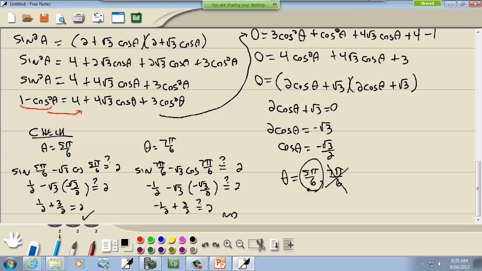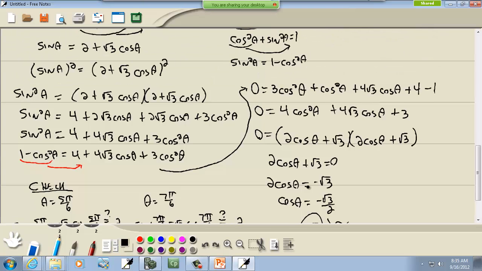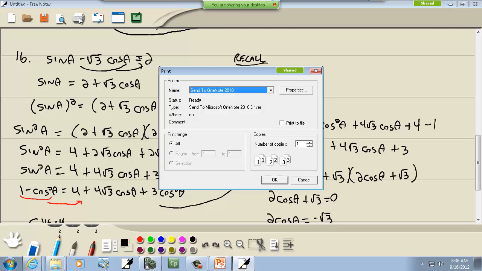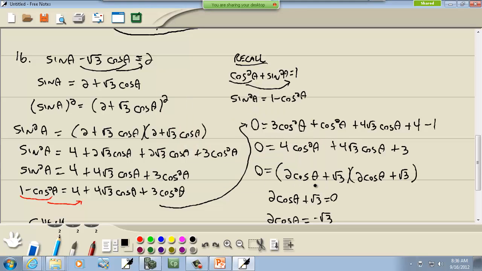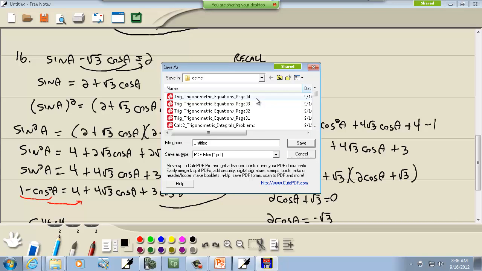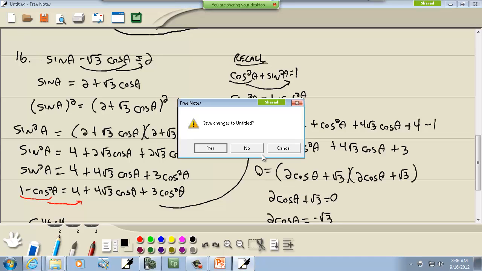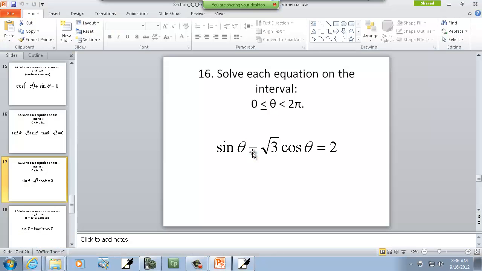So our only answer is 5 pi over 6. Remember, if you square both sides, use the power principle, you have to check your answers. So let me save that. And let's take a look at the next problem.